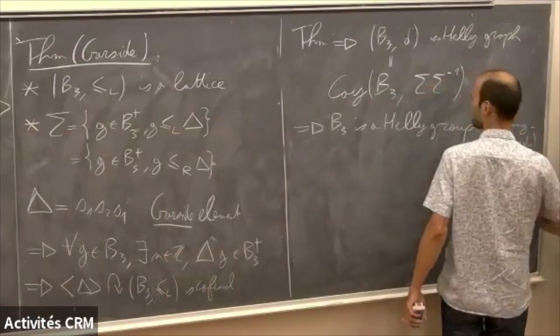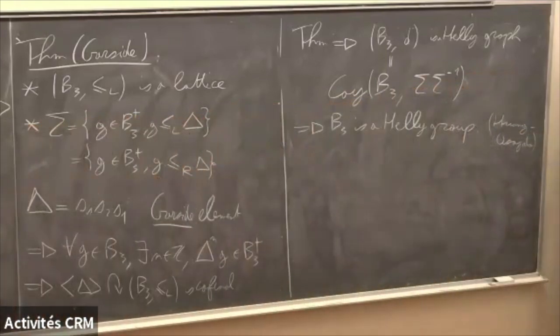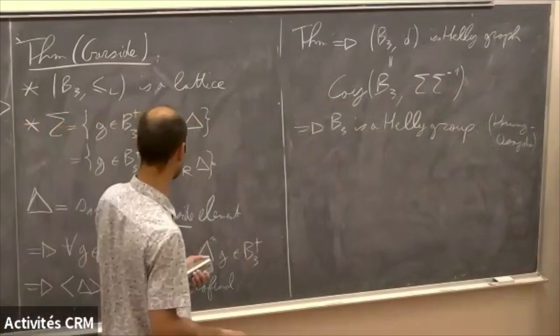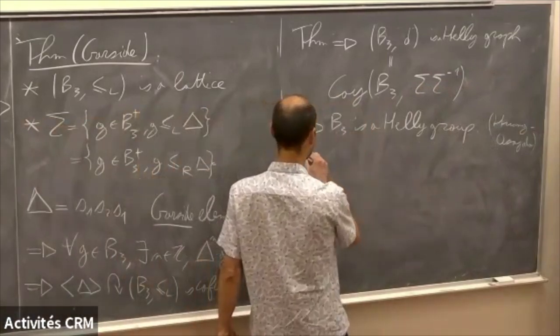Yeah. And in fact, there are two nice objects that you can get out of this. One is the Helly graph, and the other one is an injective metric space, which will be here just a simplicial complex.